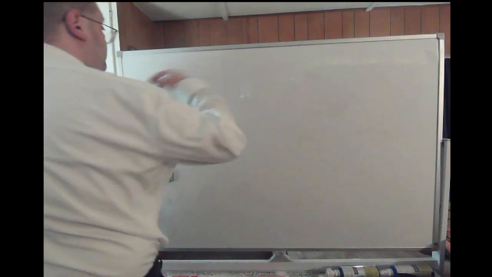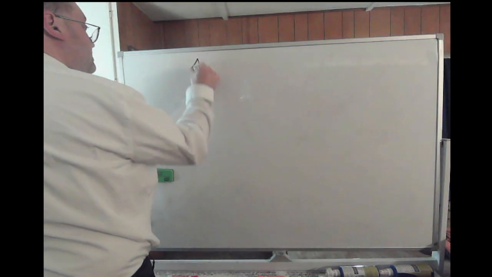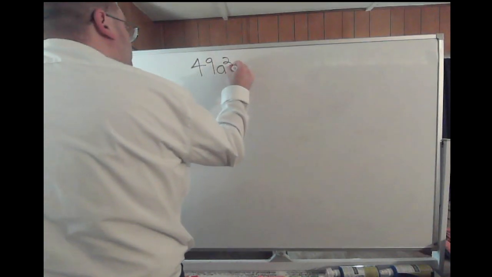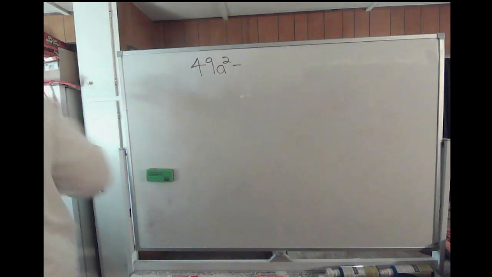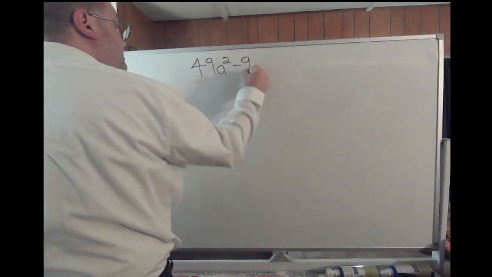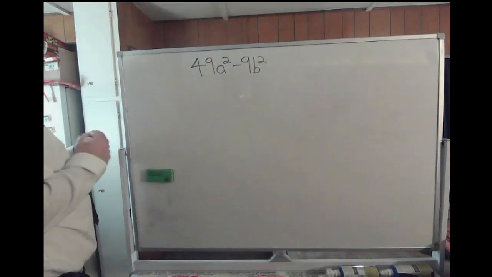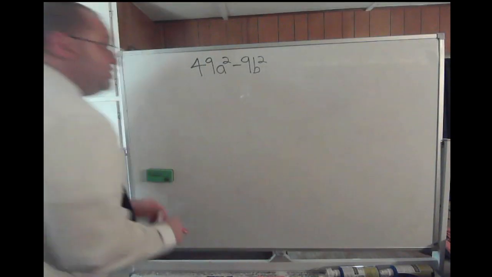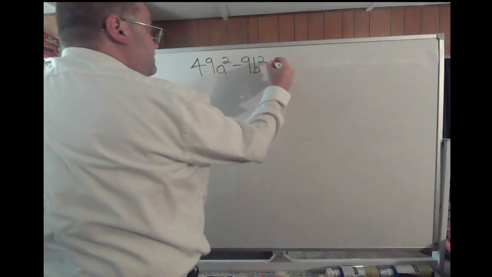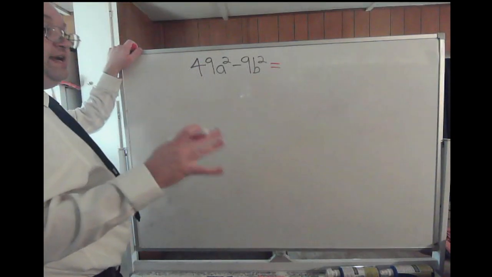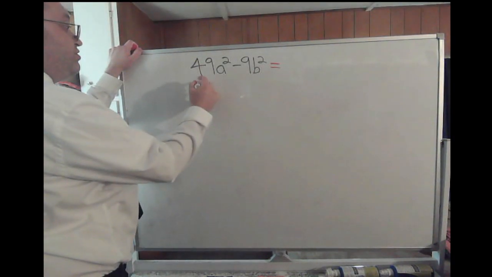Alright, let's change it up a bit. We have 49a to the second minus 9b to the second. Now all of a sudden we have a variable in both terms. Well, we're not going to do this any differently. Since the first term is 49a squared, that square root's going to remain positive.